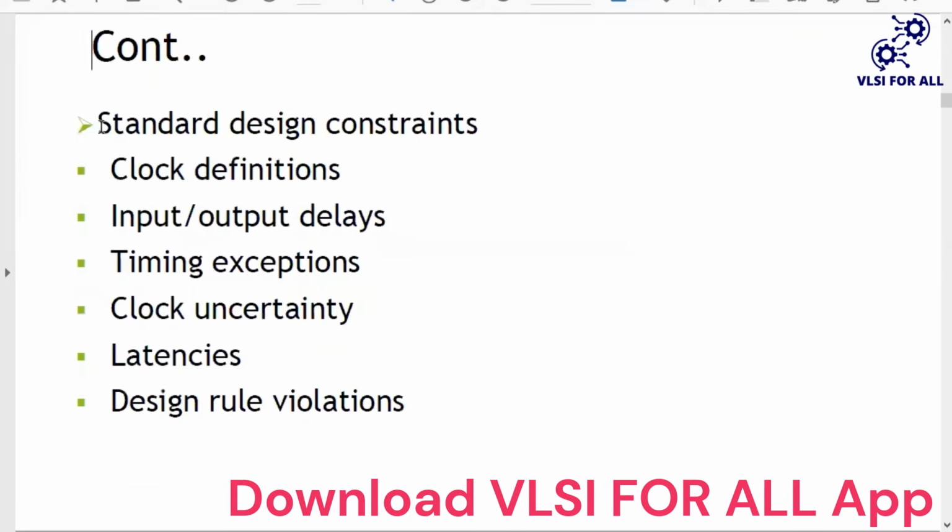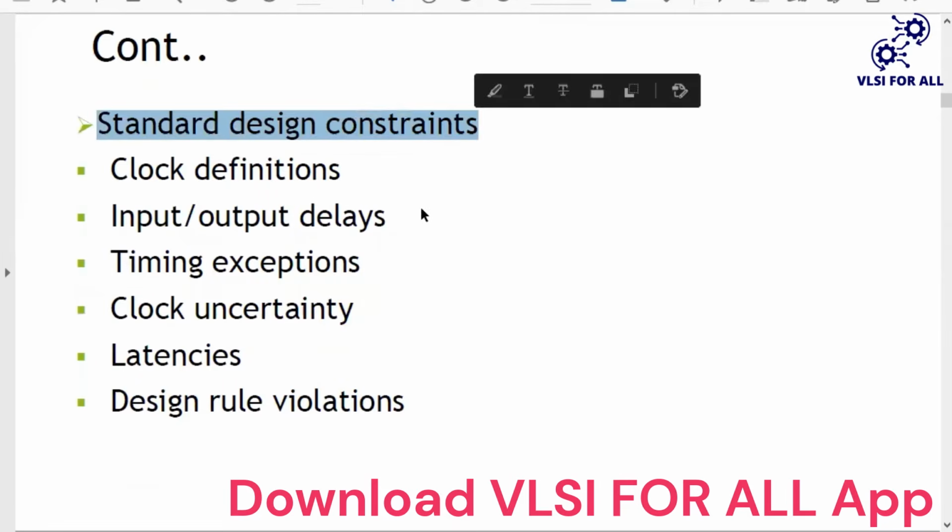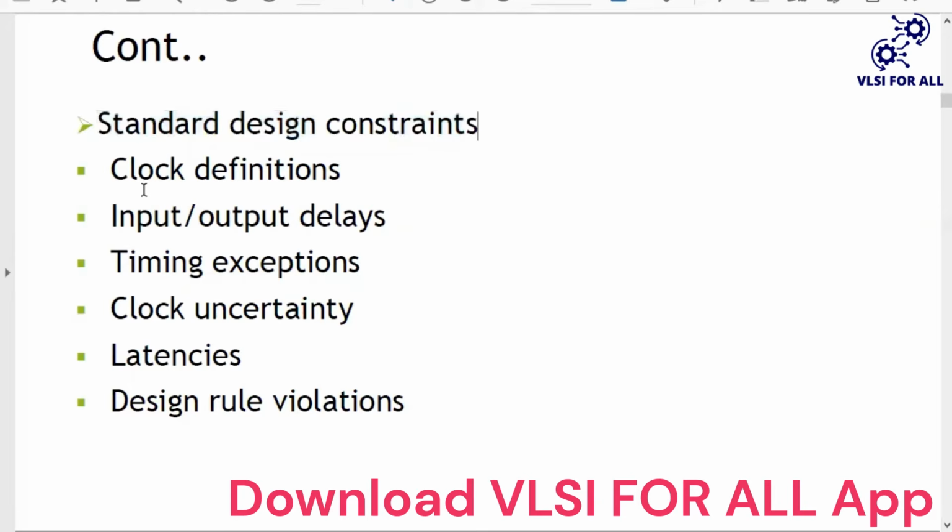Okay, next one is the SDC, standard design constraint. In the standard design constraint, we have clock definitions. Clock definition is nothing but how many main clocks are available in the design, how many generated clocks, and how many master clocks are available in our design.